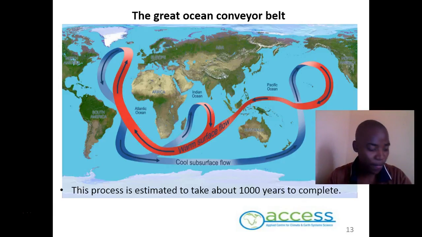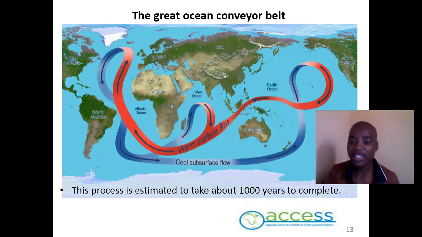Then there is the slow, density-driven thermohaline circulation, which is driven by salinity: when there is more salinity in the water, there will be deep circulation. When there is less salinity, the water will be warm, as we can see in the Indian Ocean.